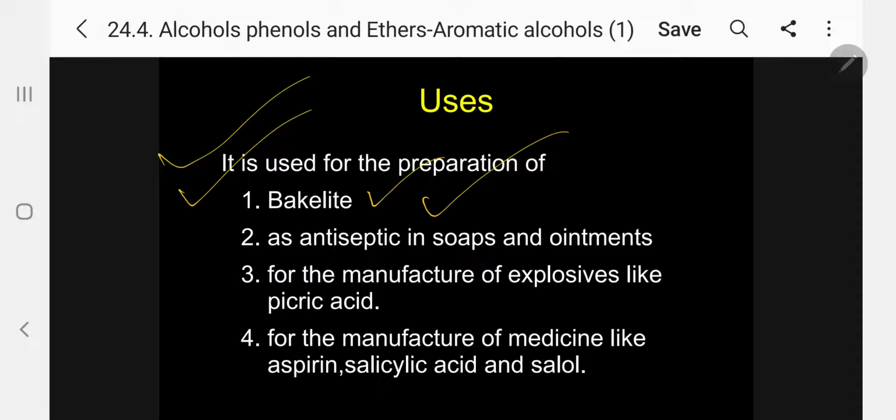It is also used as an antiseptic in soap and ointments. It is used for the manufacture of explosives like picric acid, a nitro compound. It is also used for the manufacture of medicines like aspirin, salicylic acid and salol. Phenyl salicylate, salol, aspirin, acetyl salicylic acid, all are used in medicine.